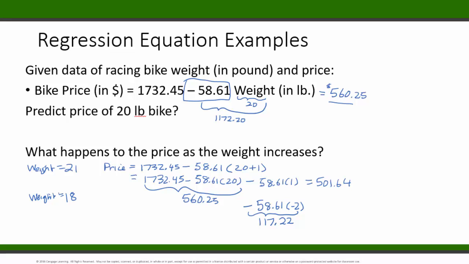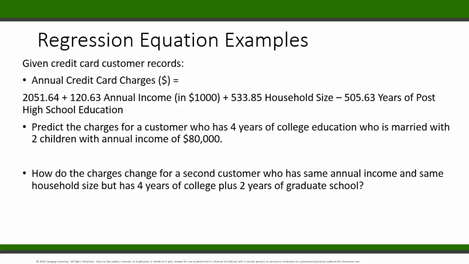So the price of this lighter bike would be 560.25 plus 117.22, resulting in the price of $677.47.